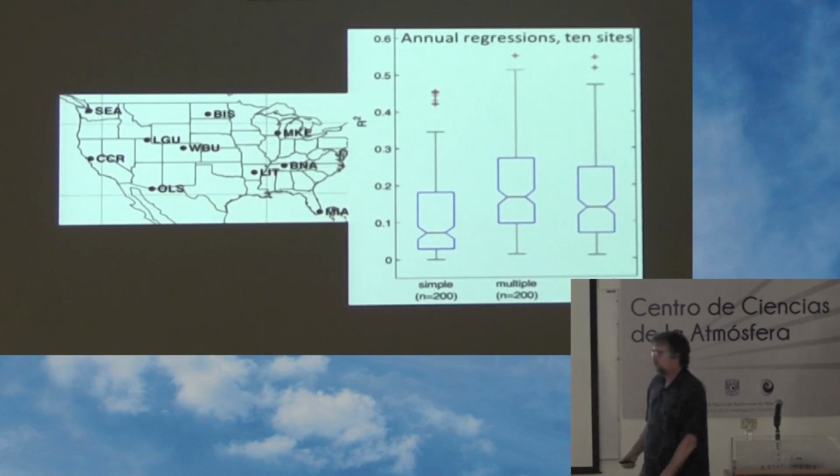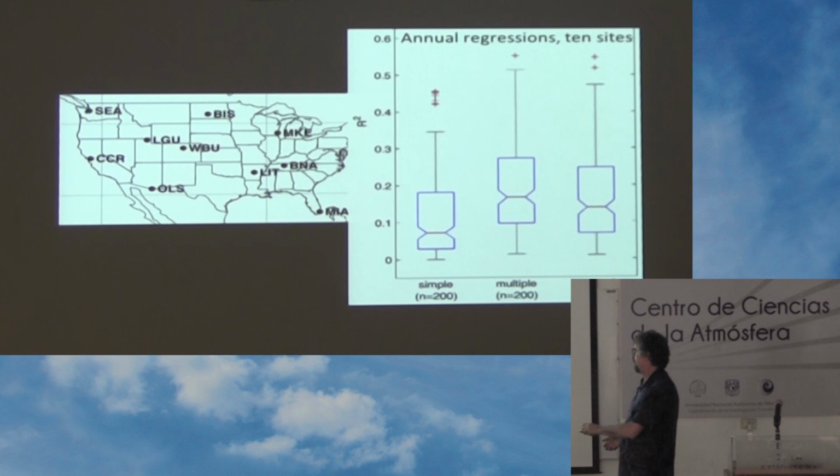Okay, so let me show you the results. We chose 10 sites in the United States, a 5-year period from 2003 to 2007. We used one measurement every day. So here are the results for the simple regression model, only one AOD value. 200 samples.